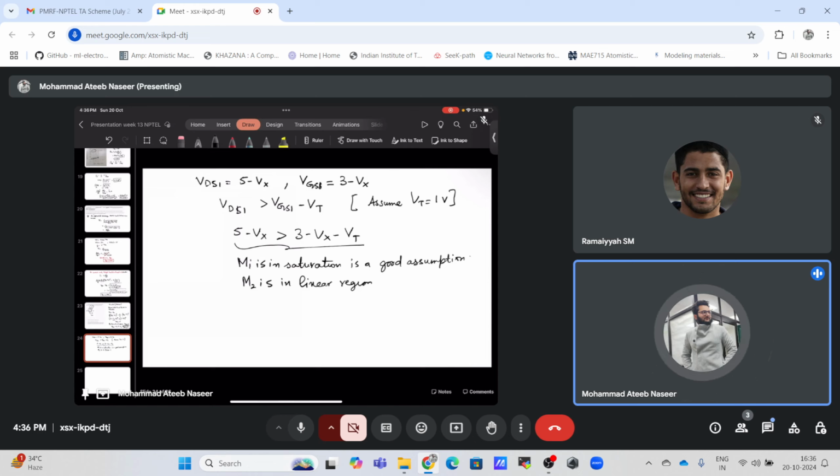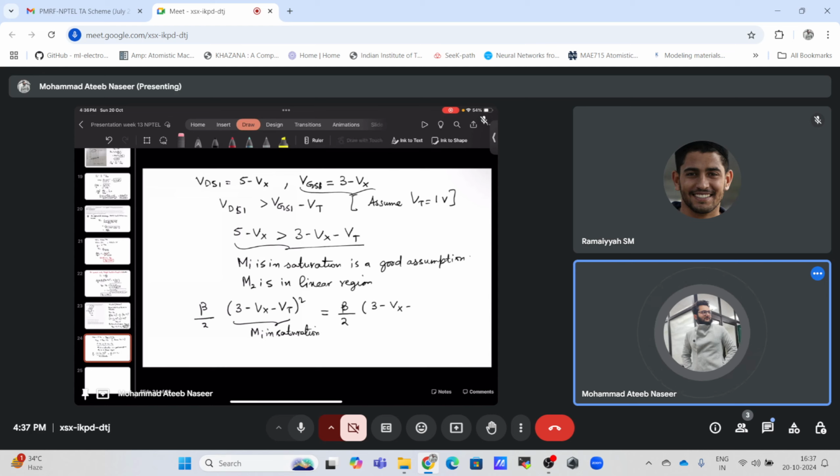Now if I equate the currents for both, beta by 2 times (3 minus Vx minus Vt) whole square, since we have assumed M1 in saturation and M2 is linear. VGS1 is 3 minus Vx minus Vt, and VGS2 we have to calculate.